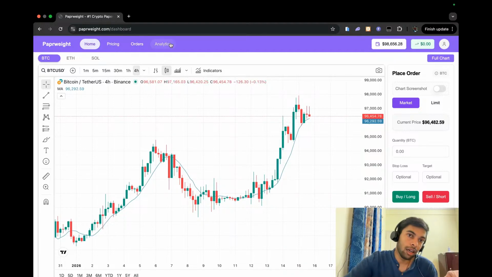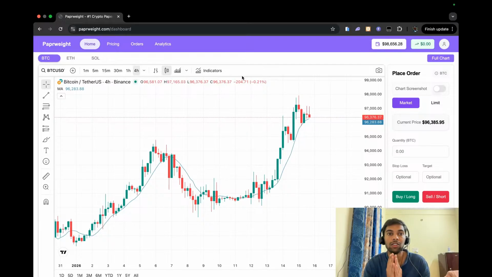I will later on add a feature, say, follow rules, which is basically the number of trades that you can take in an hour or in a day. You can just configure all those settings so that it will make you disciplined. The core goal of this application is to make you a profitable trader. Profitable disciplined trader is the right word.